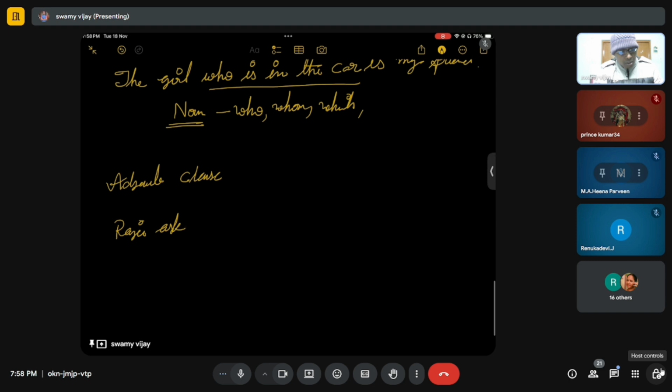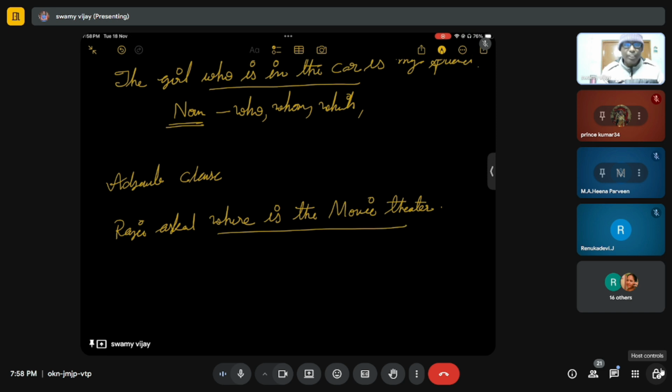Raju asked, where is the movie theater? Now tell me, Raju asked, where is the movie theater? Now, where is the movie theater is a clause. Now tell me whether it is a noun clause or an adverb clause.